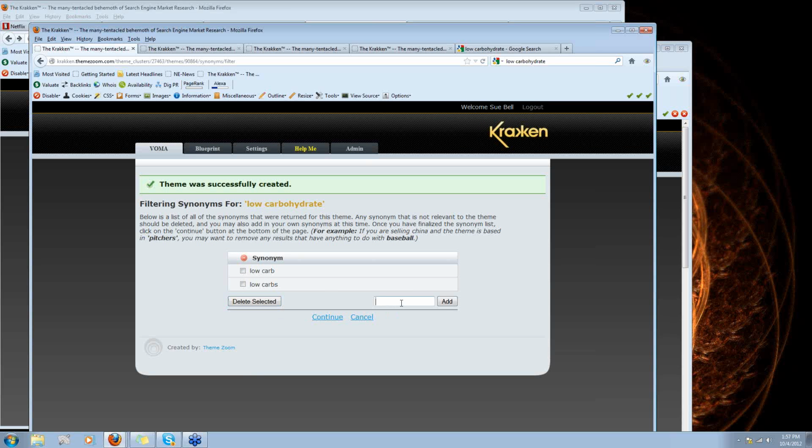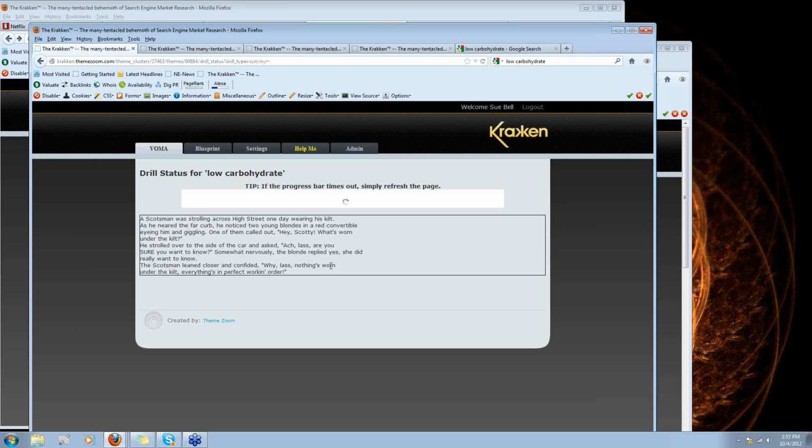If there's something else that strikes your fancy, you can type it in here and add it. Then when you're done, you say continue, and it's going to fetch the basic information for these keywords, the cost and the traffic, and come back and give you the option for what you want to make an actual theme-defining synonym versus a keyword that's just used to generate keywords. So let's talk about that for a minute.